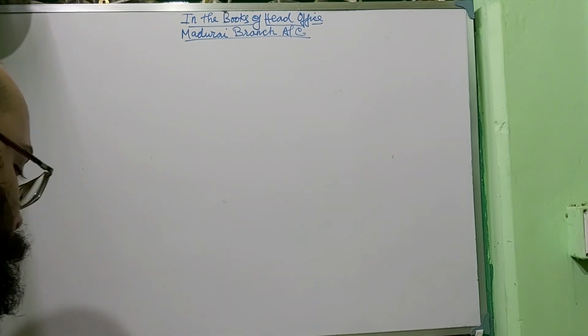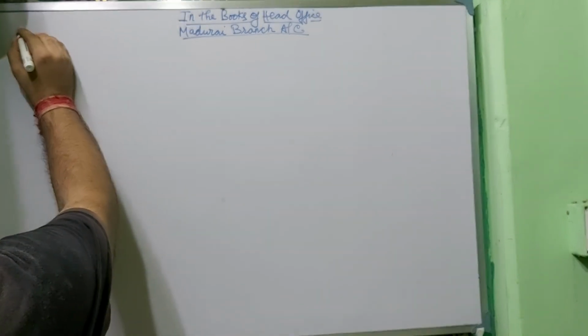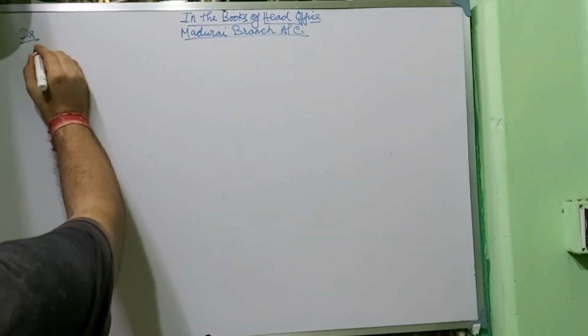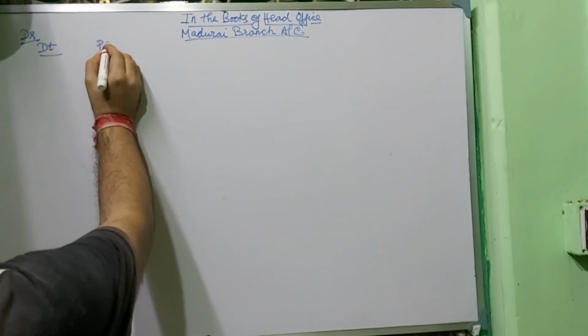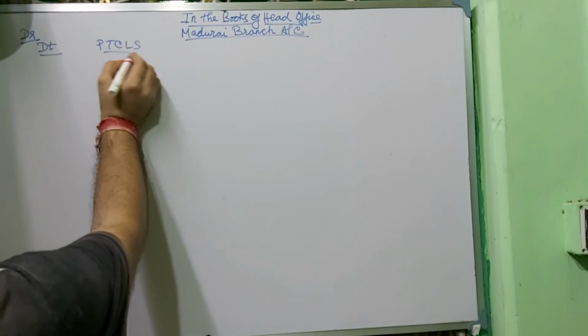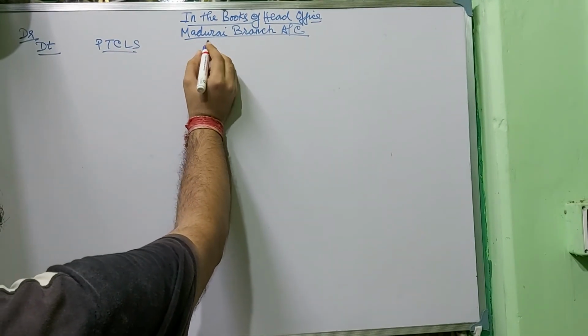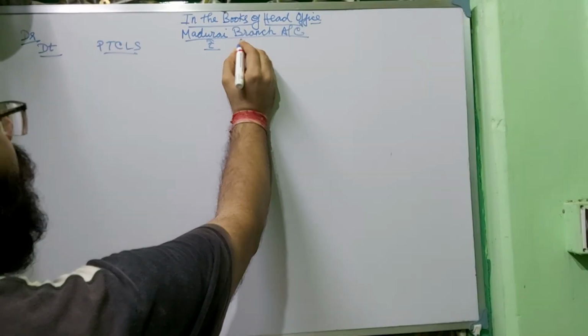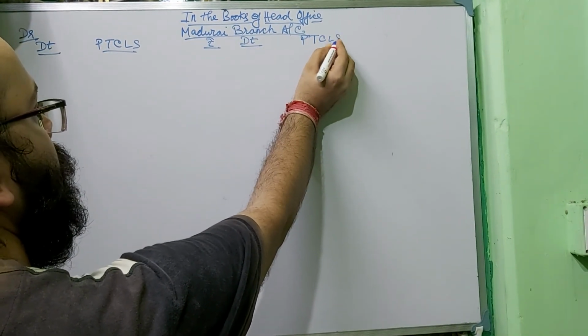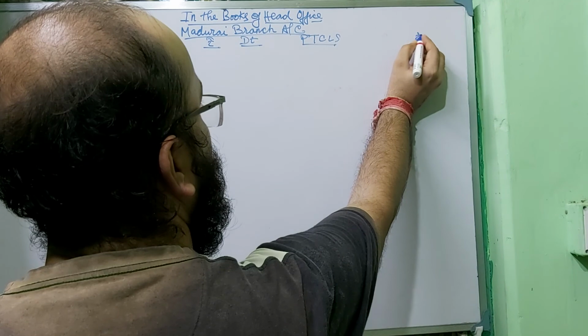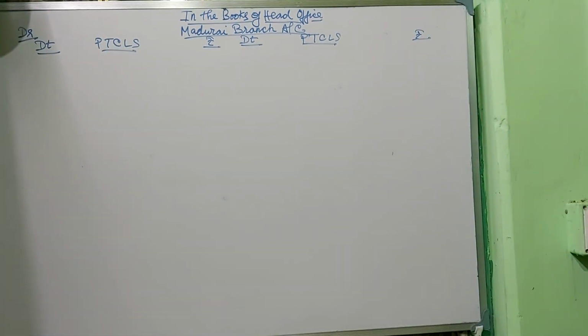Debit side, you can put the date column, particulars as usual, and amount in rupees. Then date, particulars, and amount in rupees.